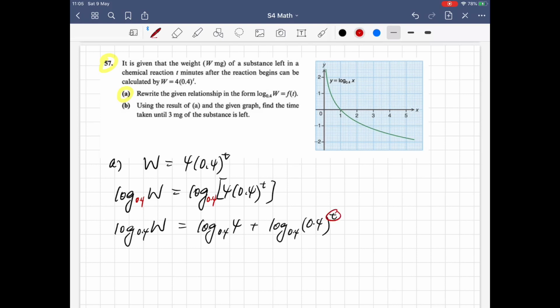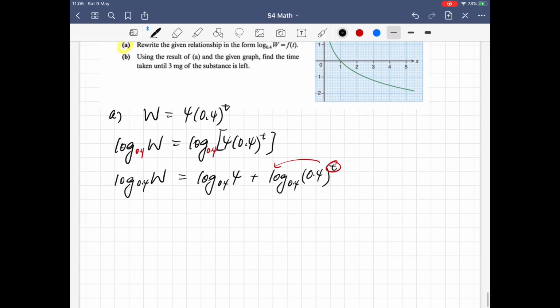And afterwards we can put the power t back in front of the log, so that we have log w with base 0.4 equals log 4 with base 0.4 plus t log 0.4 with base 0.4.